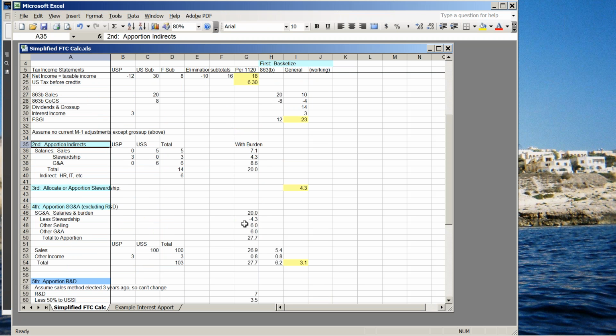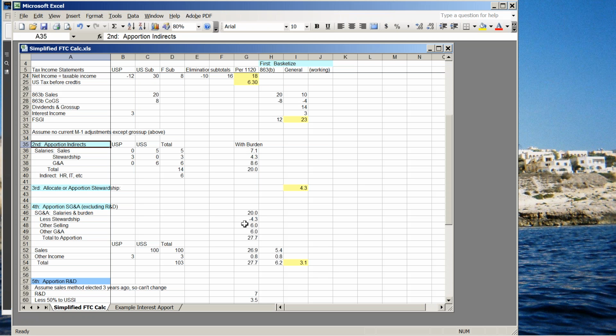The sales salaries tend to relate only to sales income. And the other G&A expenses tend to relate to everything. So one of our options to apportion this is based on sales. One option is based on gross income.